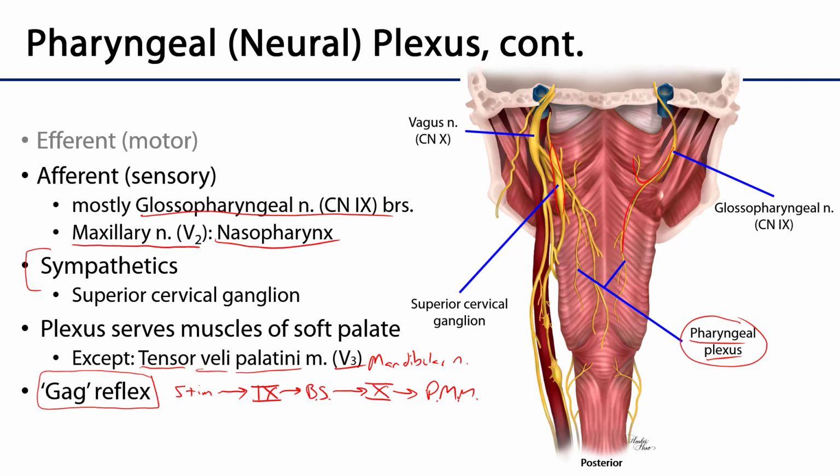So the gag or pharyngeal reflex is a protective reflex, such that when something unexpected enters into the pharynx, it contracts so as not to choke on that unexpected item.